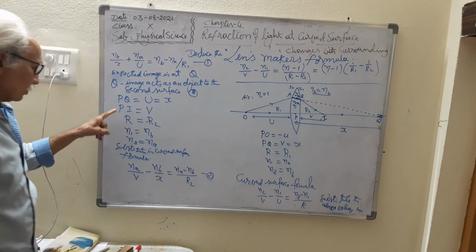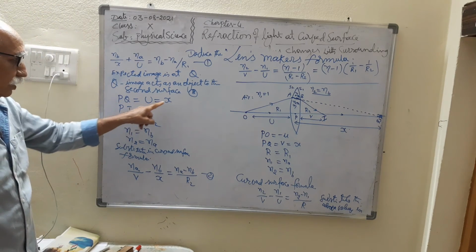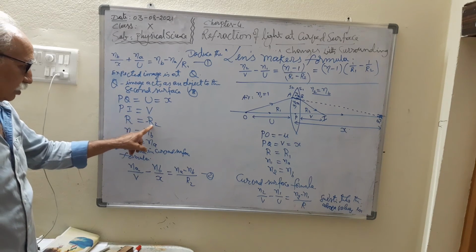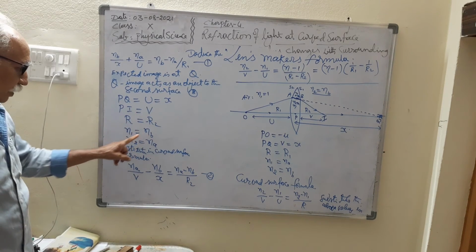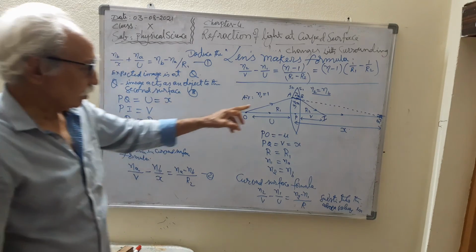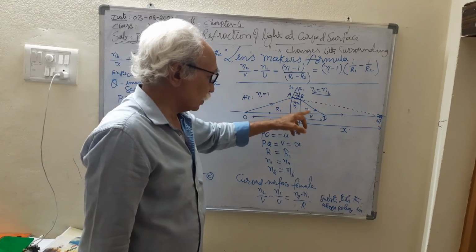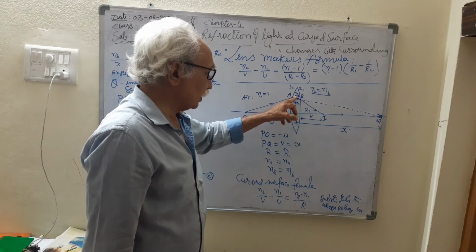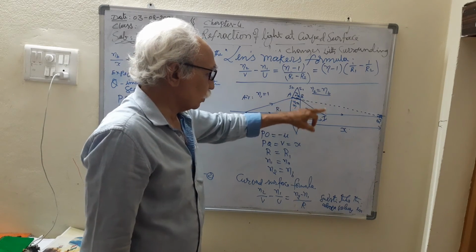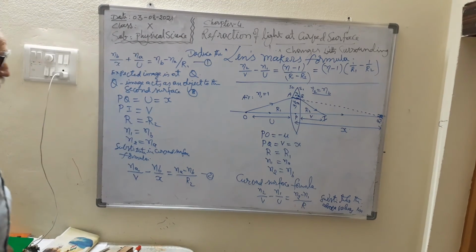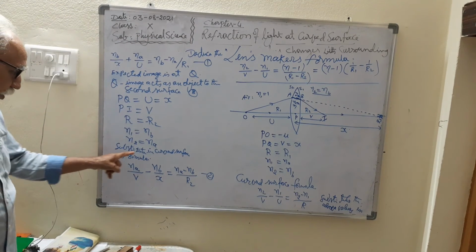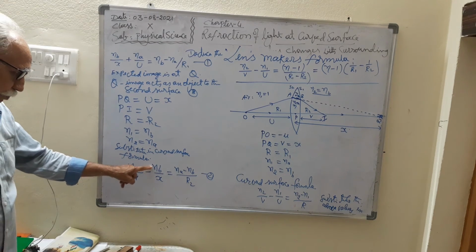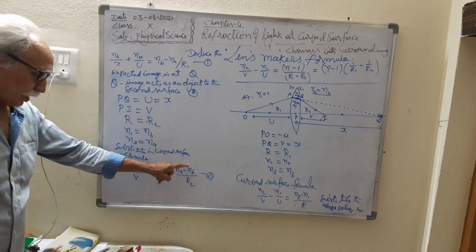Therefore PQ is equal to U, which is X, PI is V, the radius of curvature is minus R2, N1 is NB, N2 is NA. Here the light is traveling in this direction, so this is taken as N1 and this is the N2 value, opposite. So substitute in the curved surface formula: NA by V minus NB by X is equal to NA minus NB by R2.